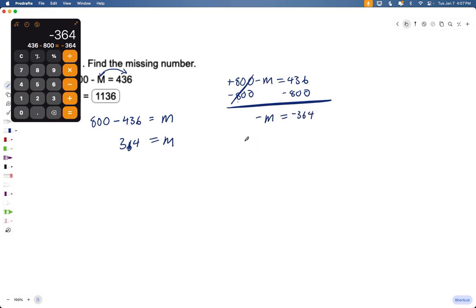Of course, we know that that's actually negative 1 times m is equal to negative 364. So we get rid of that negative sign by multiplying everything by negative 1, which just makes that m is equal to a positive 364, which is what we got over here by just swapping the subtrahend and the difference.